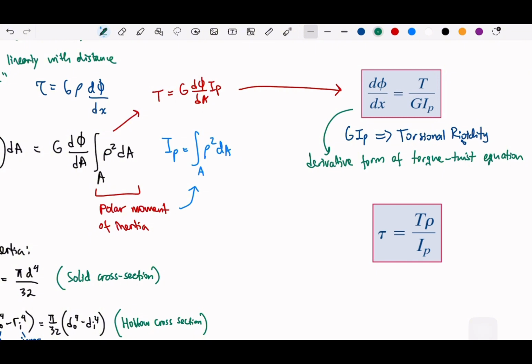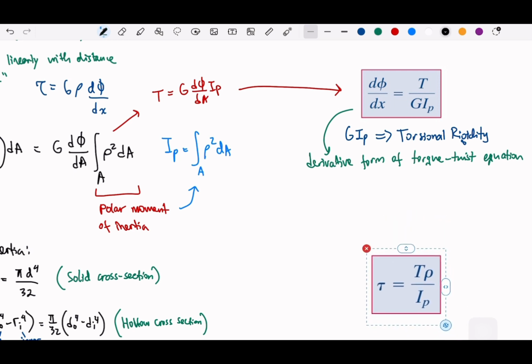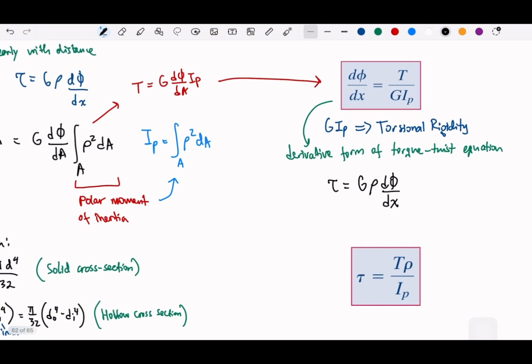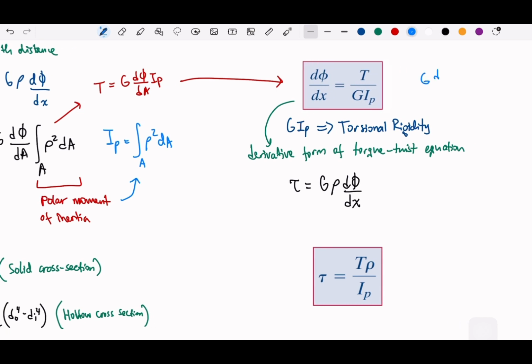And then combining the equations previously, we have tau is G rho times the twist rate. So from here we have G times the twist rate is T over I_P, right?